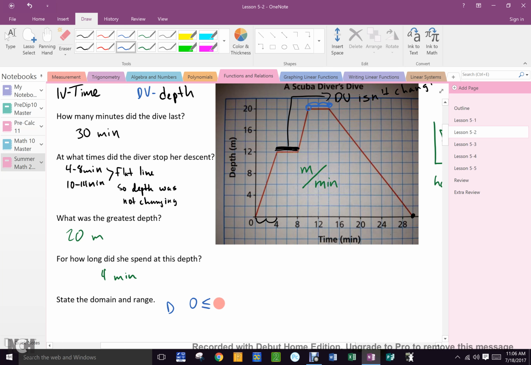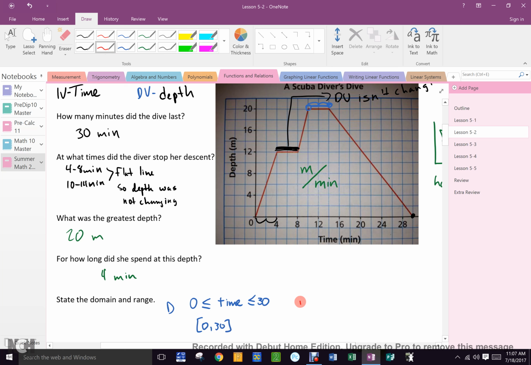And what goes here? Do I put an X here? No. No. Time. Because I don't just have X and Y here. I have a domain. And what does it go up to? 30. Because the dive ends at 30. And I can also write it as 0, 30.